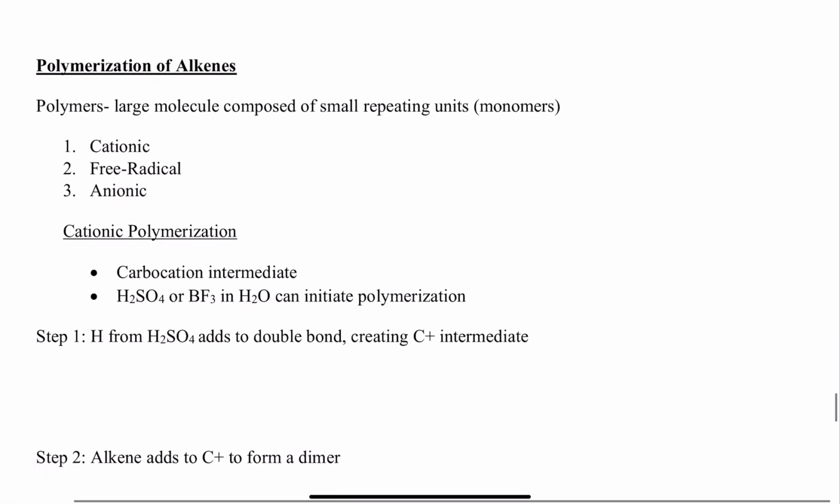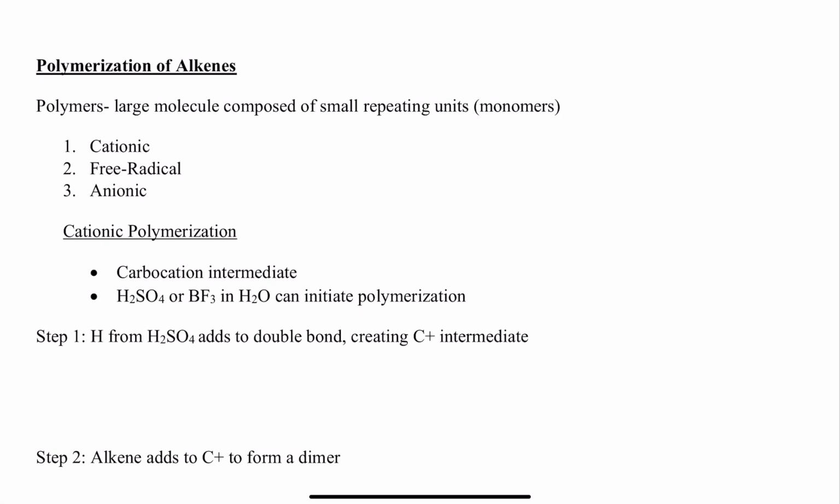Now we're going to talk about the polymerization of alkenes. Polymers are large molecules composed of small repeating units, and these small repeating units are what we call monomers. There's 3 different methods: cationic polymerization, free radical polymerization, and anionic polymerization.